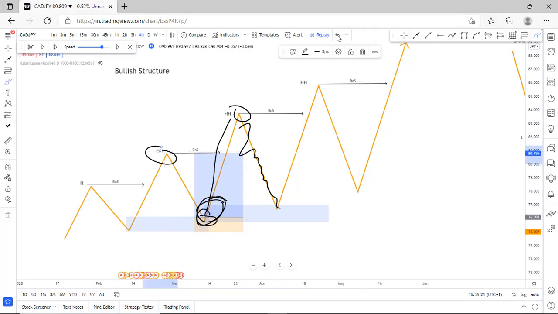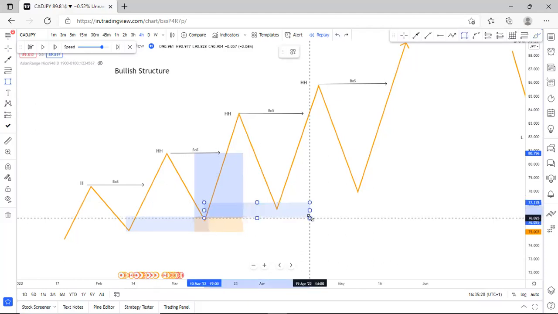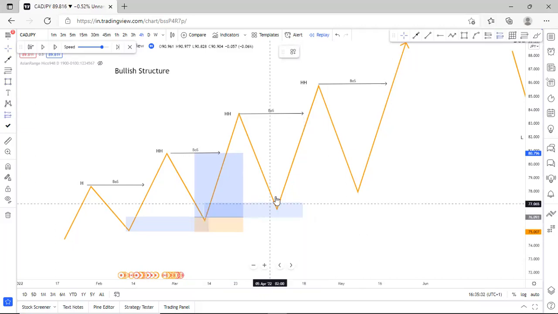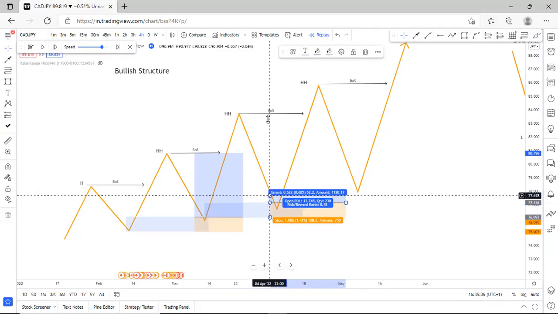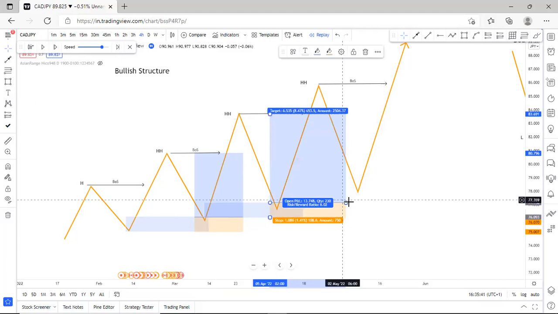So price then comes back and mitigates this zone. At this level again, we will have some kind of demand zone. Then we can enter off from this zone. We can get into the buy trade and take our profit at the previous high right here.